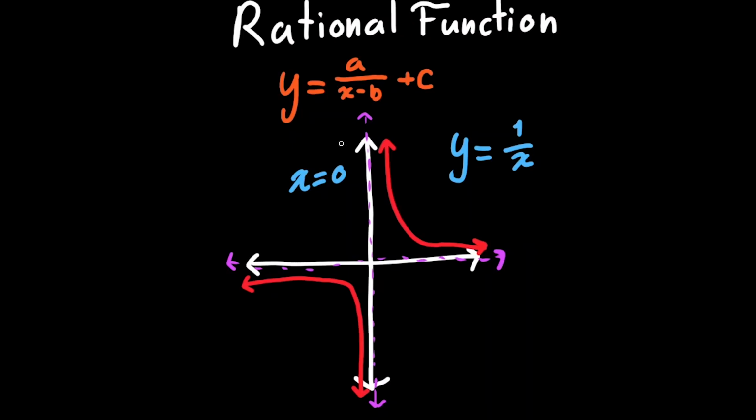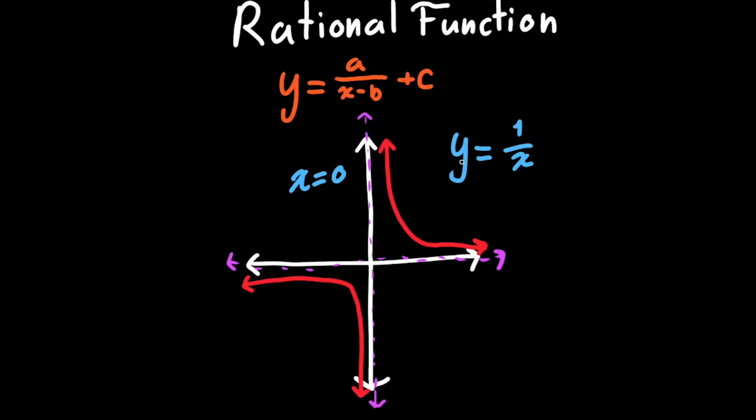And you can kind of see why here. If we were to plug in x equal to 0 over here on this side, you would get 1 divided by 0. And because of math rules, you can't divide by 0, and thus that's just not a number. And a similar thing for the range.